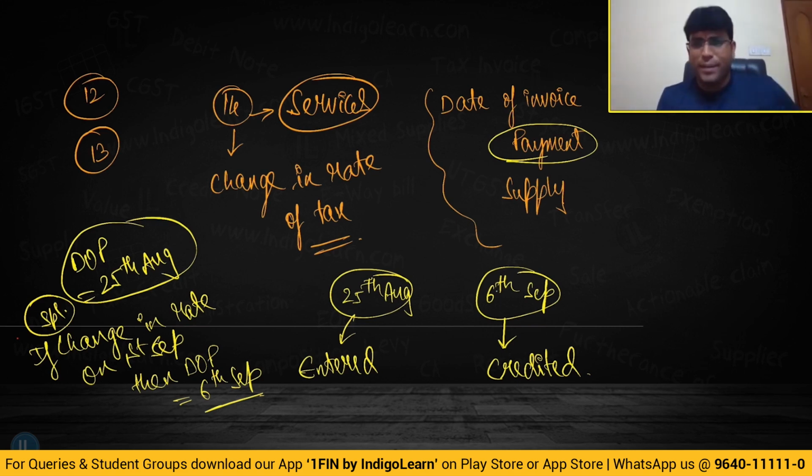Please observe, it's important. Entered on 25th August. Change on 1st September. Credited on 6th September. Is the gap more than 4 working days? Answer is yes. So if the credit in bank account is after 4 working days, then date of payment will not be whichever is earlier. Then date of payment is directly the date when payment is credited in the bank.